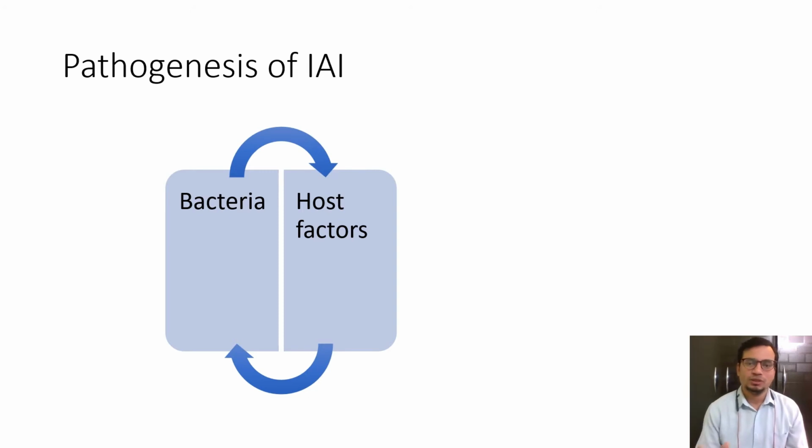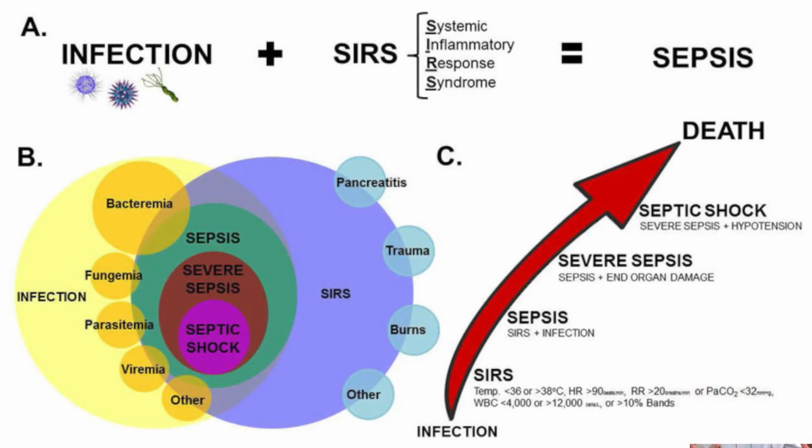That can lead to tissue hypoperfusion and organ dysfunction. So basically, this leads to a cascade of inflammatory process, widespread inflammation inside the body, and that is nothing but sepsis.